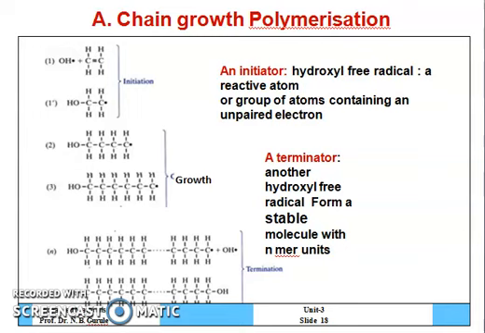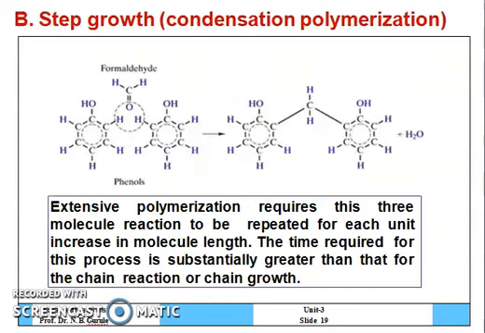They get introduced into the long chain, and the chain grows to a longer length, and the growth of this chain gets terminated by another hydroxyl free radical, similar to the initiator, but when it gets attached, the growth of the chain stops. This process is called the chain growth process.